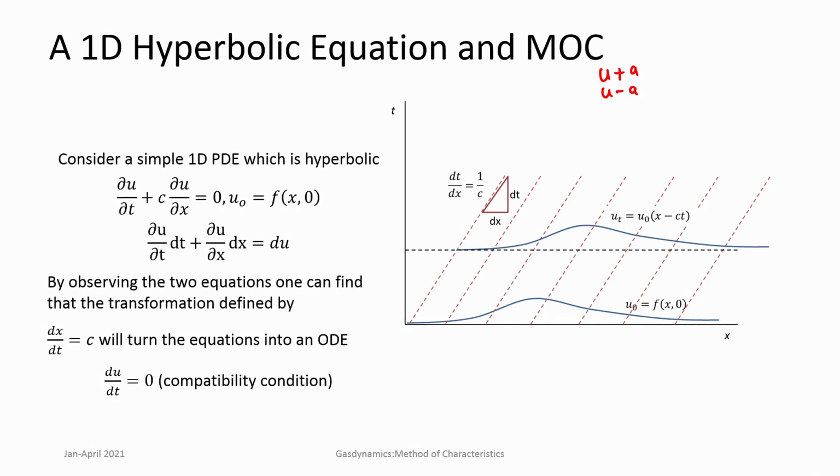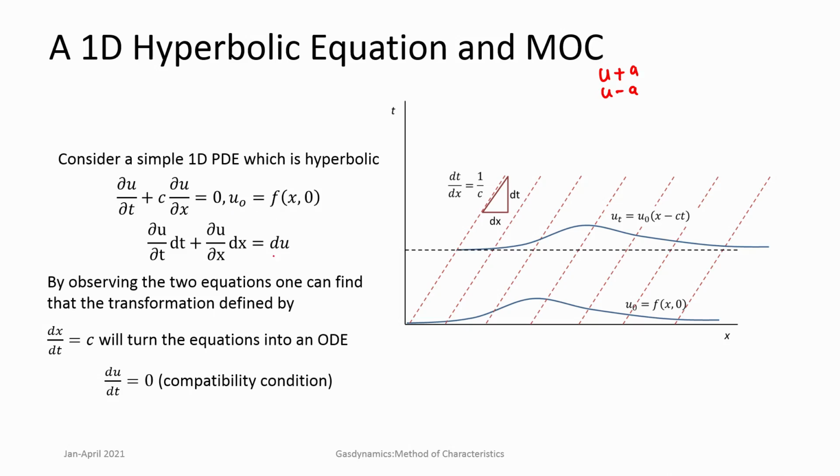Always it is useful to look at some simple equation, try to understand how it works, and then extend it to more complex situations. So, take a simple 1D PDE, which is hyperbolic, dou u by dou t plus c dou u by dou x, where c is a constant, given an initial value u0, which is a function of x.